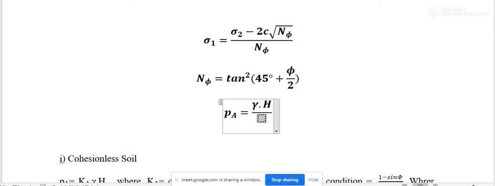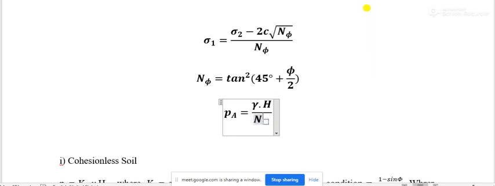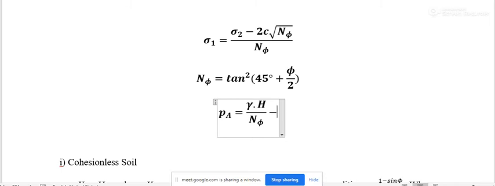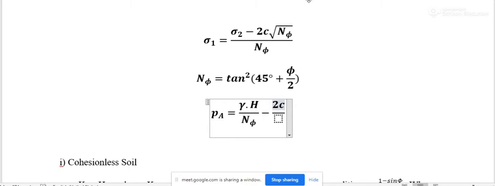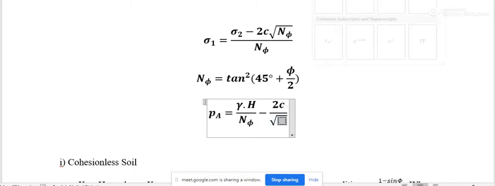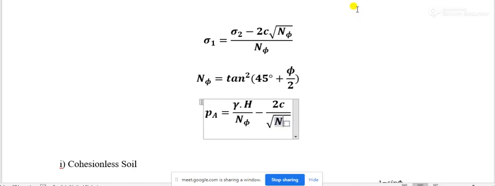there is one term of N phi, minus then 2C divided by, one part of root over N phi will be eliminated, and this will be root over of N phi.